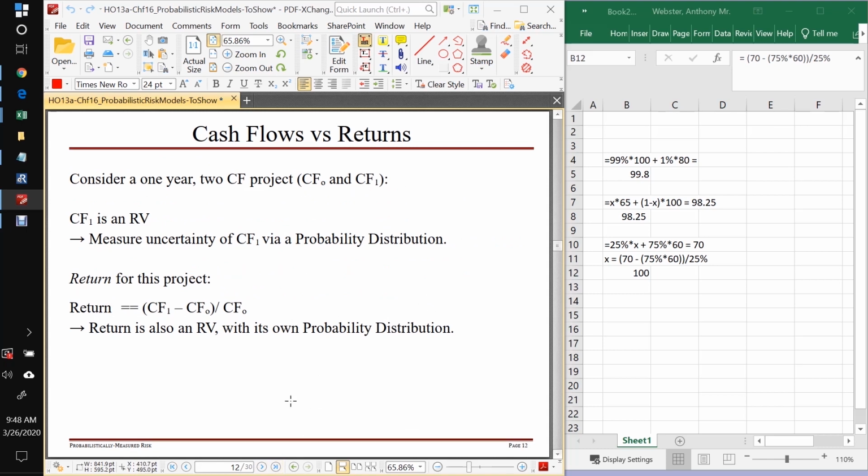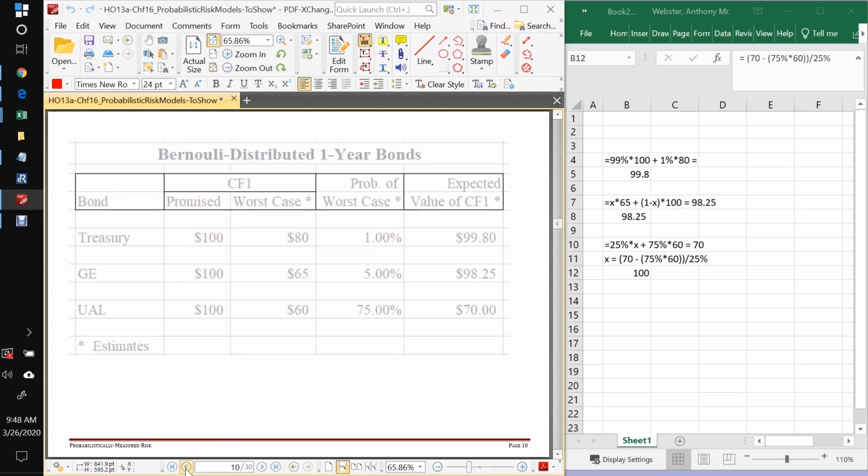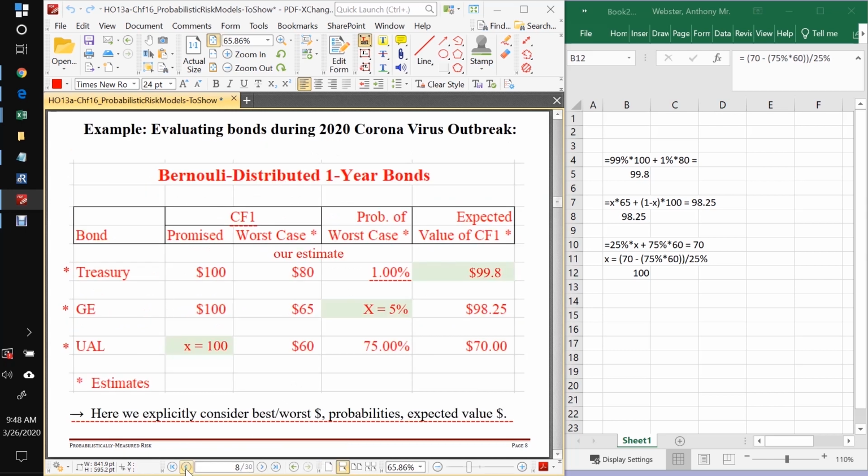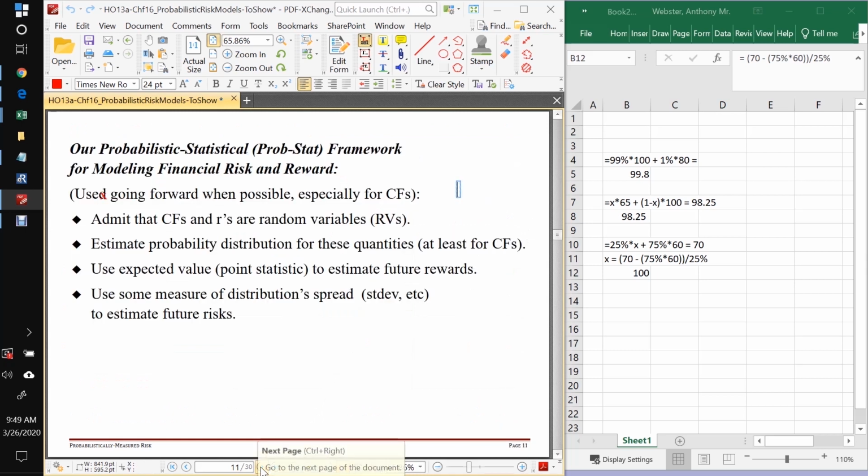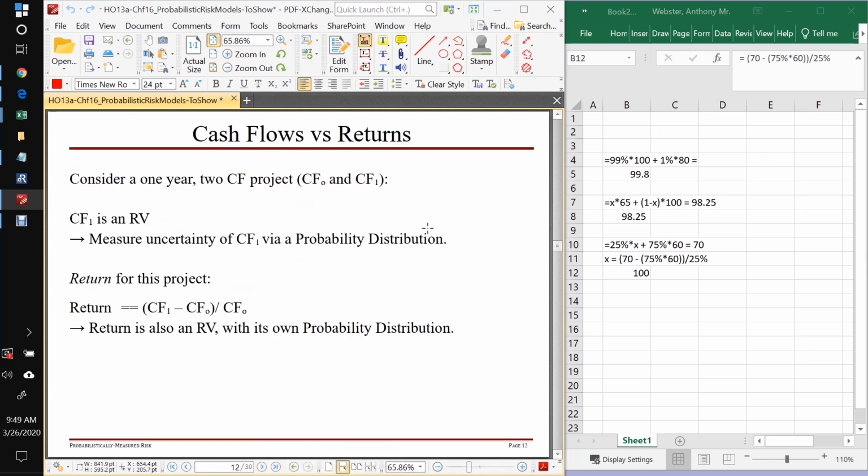So to do that and to generalize what we've done here beyond something like 1-year bonds where we're considering the cash flows as Bernoulli distributed, we need to go a little bit farther into thinking about statistics and probability. So let's consider cash flows versus returns and start with a 1 year 2 cash flow project where we have cash flow 0 and cash flow 1.